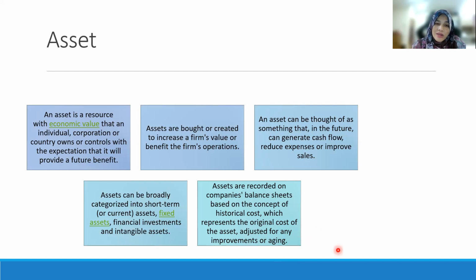It will not reduce the historical cost. The historical cost is still recorded, but the depreciation or the aging will be recorded somewhere else in another account. We will see that later. Improvement means if, let's say, the building is renovated, the renovation will be shown somewhere else. It's not in that particular historical cost itself.